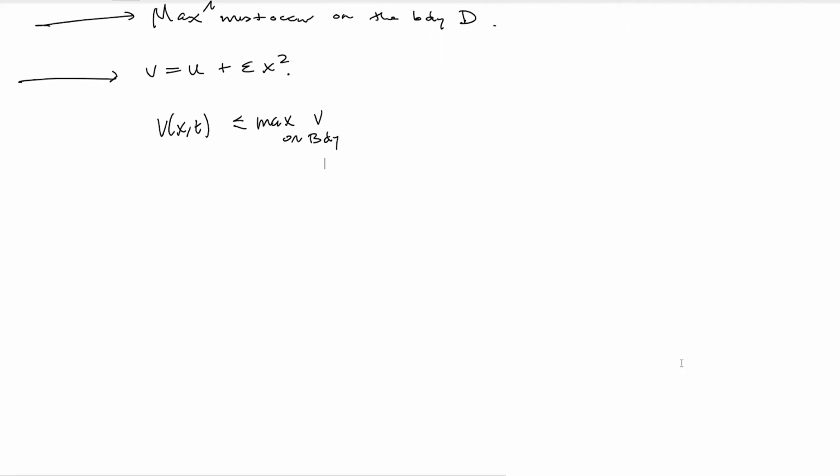We also have that since v equals u plus epsilon x squared, v(x,t) is less than or equal to the maximum on the boundary of u plus epsilon L squared, right? We just plug in the boundary conditions here. We could have plugged in 0, but here we're gonna plug in L squared, right?